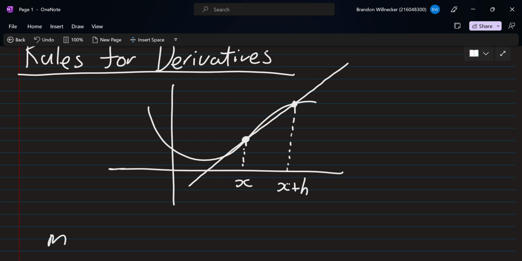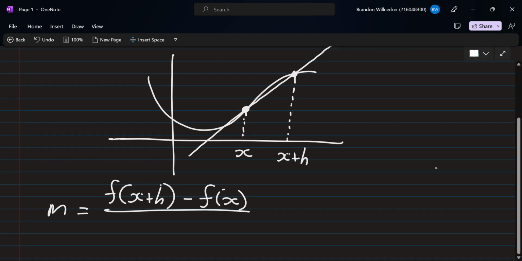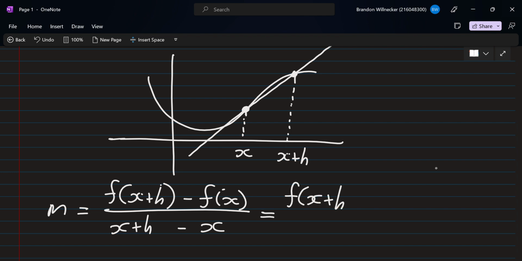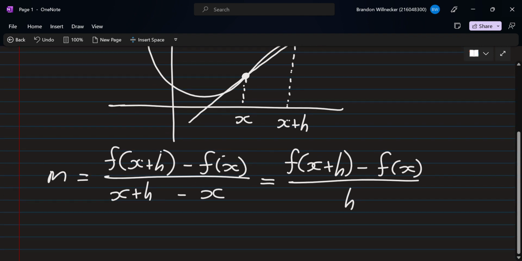So the average gradient, let's call that m, is going to be f at x plus h, that's our y2 value, minus f at x, that's our y1 value, over x plus h, that's our x2 value, minus x, that's our x1 value. We can simplify this a bit, so we get f of x plus h minus f of x over h. So that's the average gradient between those 2 points.